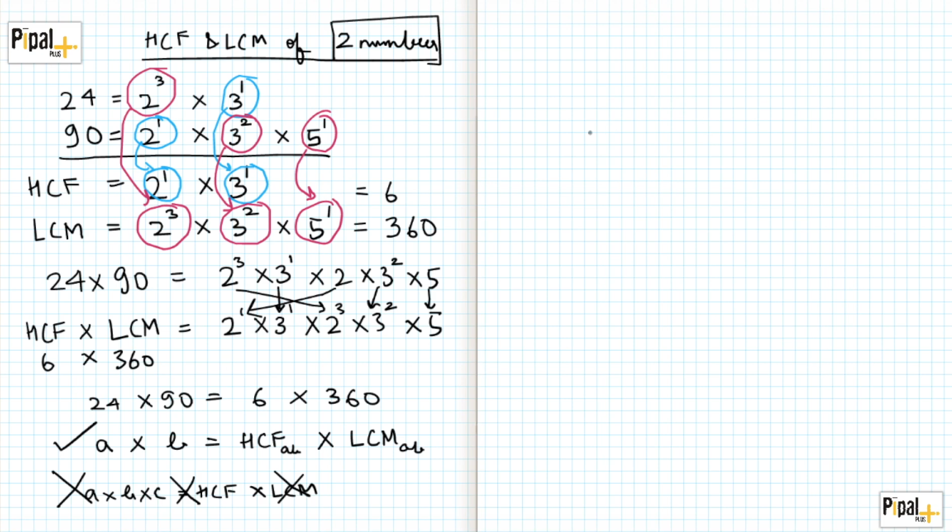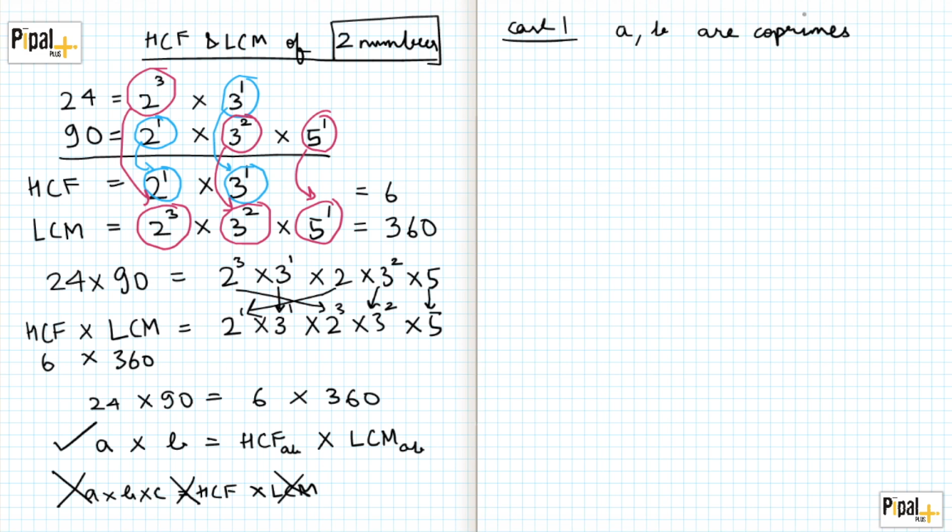Now, this brings us to a couple of very interesting conclusions. Let me explain these conclusions through two cases. In the first case, let me take A and B as co-primes. So the two numbers whose HCF and LCM must be found are co-primes.